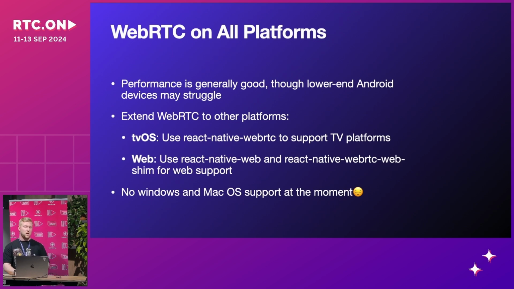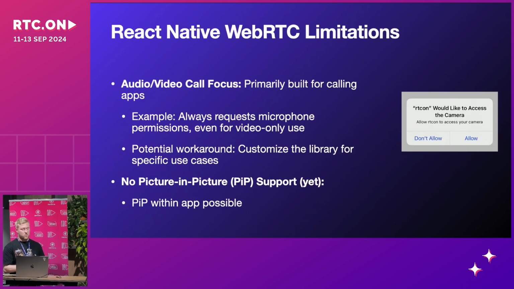This way, you can technically maintain the same code base for multiple different platforms. And I think that's where the power comes from: starting with React Native, mobile first thinking, and then branching out to others. But while React Native WebRTC is a very, very nice library, there are some limitations.